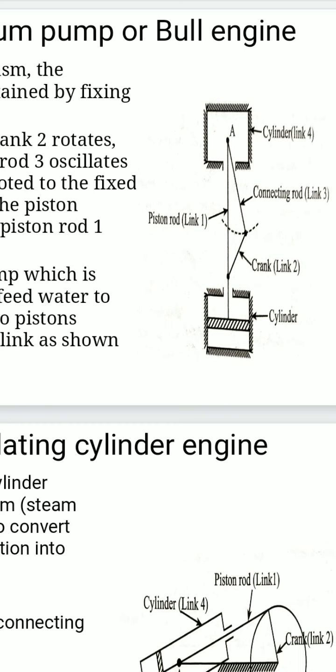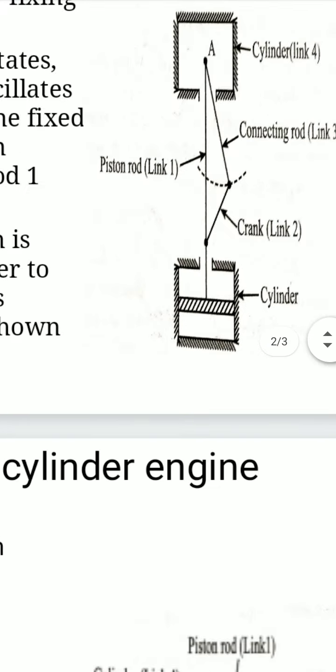As you can see here, the crank is connected to the connecting rod, and the connecting rod is connected to the piston rod, which is link 1. So in this inversion, the cylinder is fixed. As the crank rotates, the connecting rod oscillates.